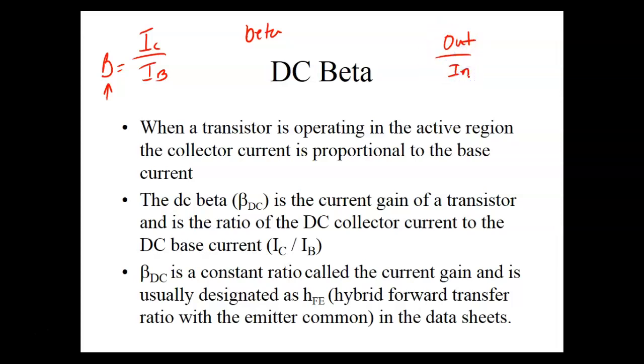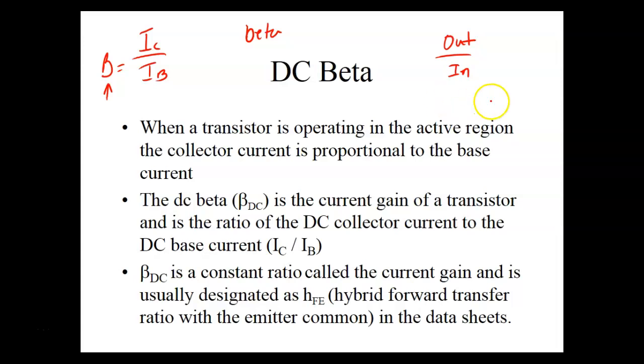And gains have no units. Power out over power in would be power gain, right? Gain is out over in, and it has no unit. It's a multiplier, right? You understand?